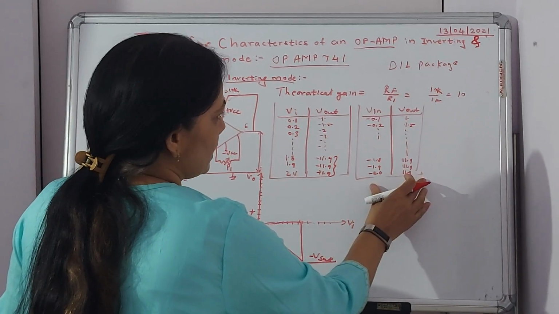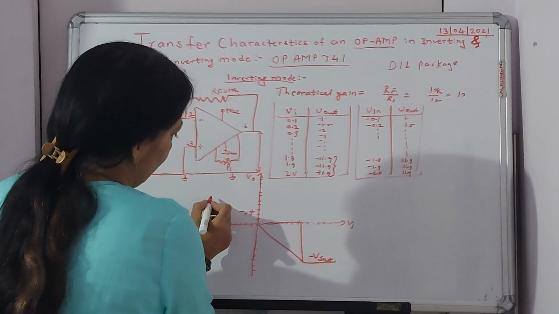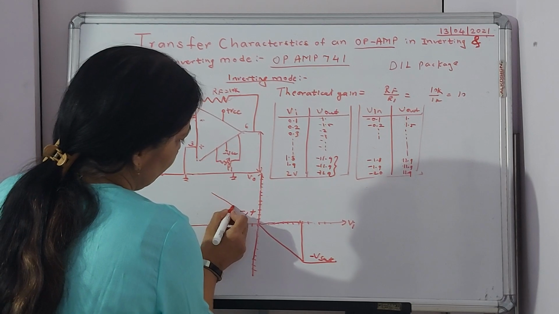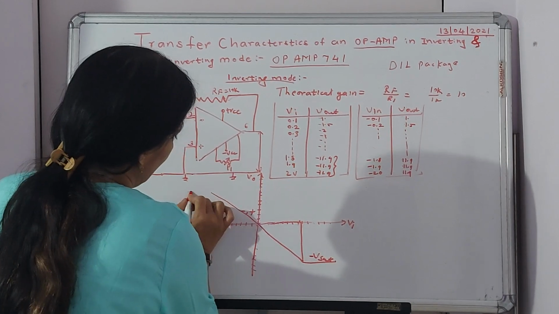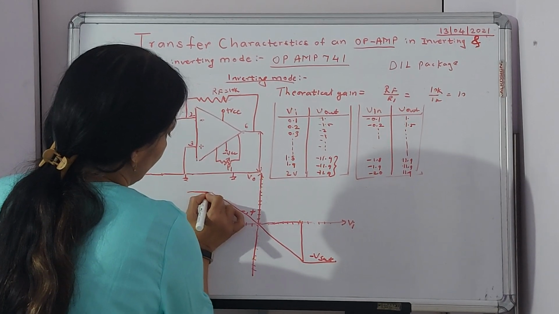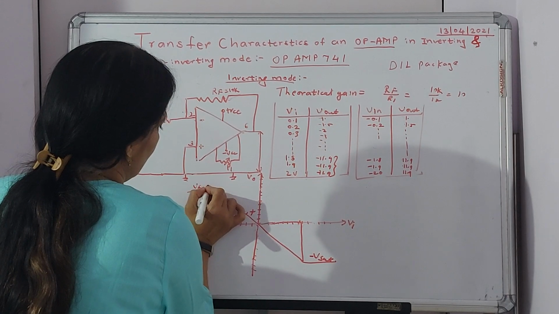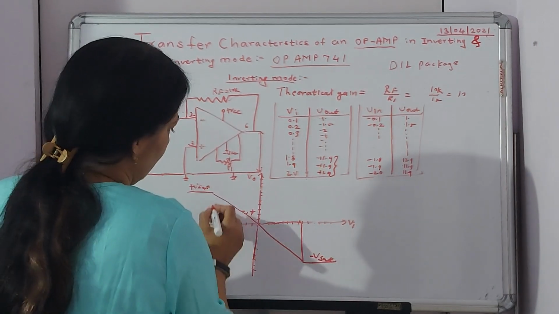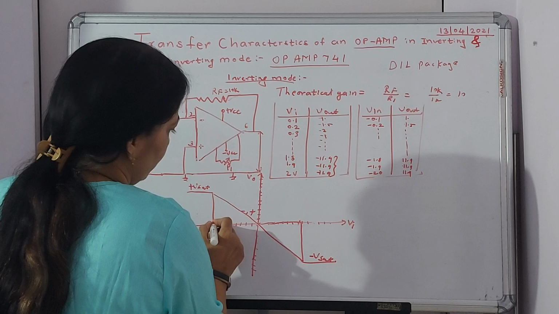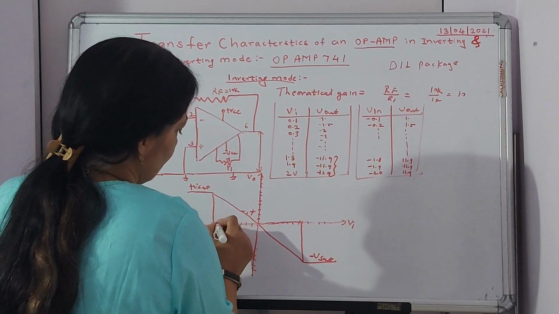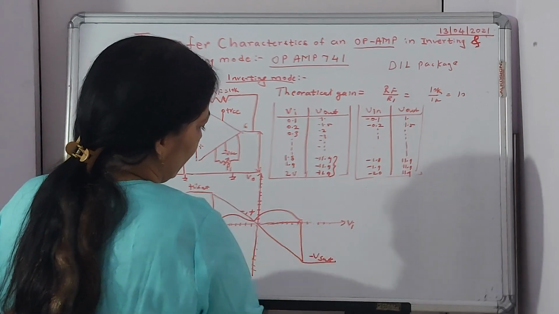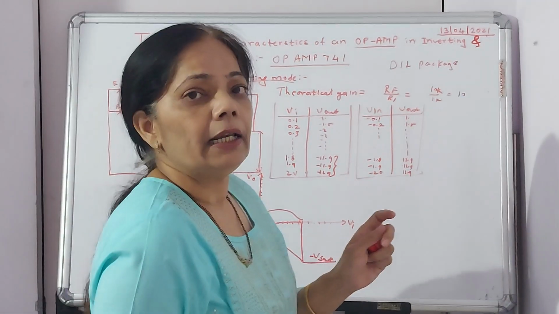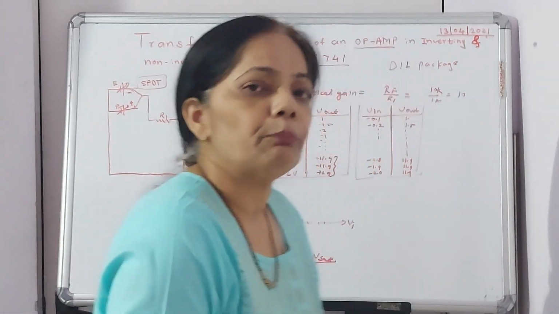As far as this part is concerned, this is minus plus. So I will be over here in this quadrant, and it will be saturation over here. So this is my V sat positive. Right? So this is my important point. Right? And this is the range which I am getting for my input values.